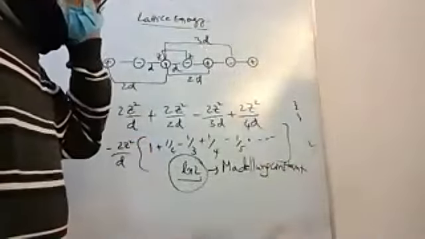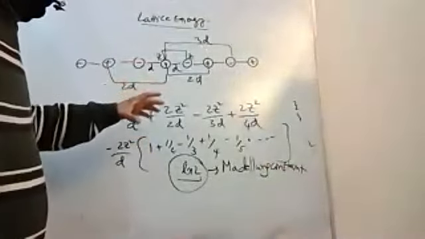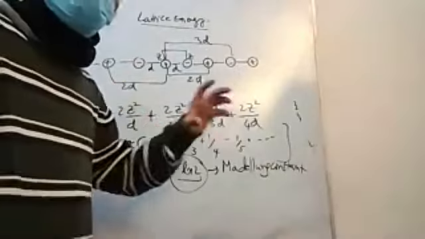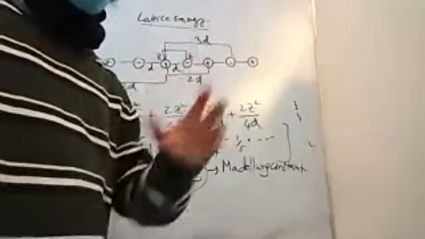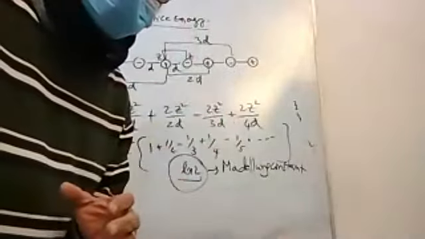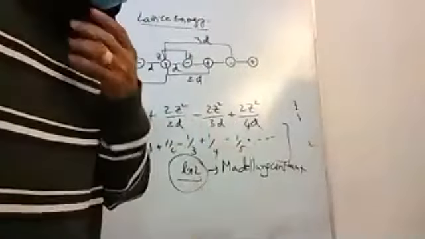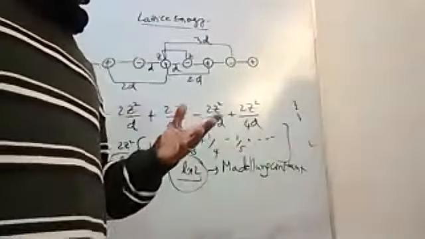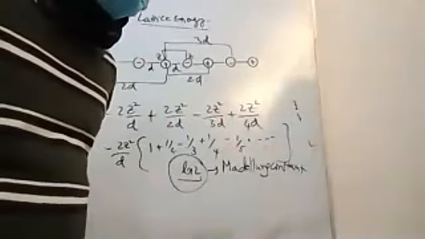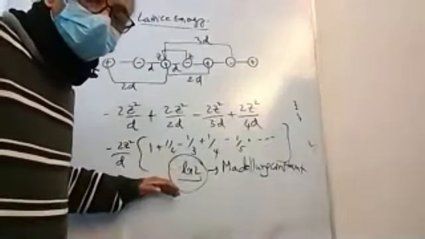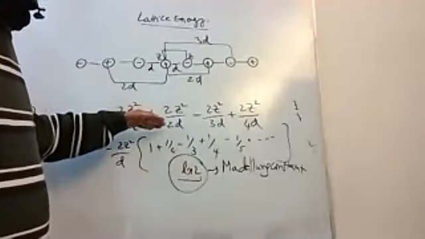So people use the Madelung constants for different lattices to theoretically calculate the lattice energies, where there is no other information available, like the Born-Haber cycle. If you don't have all the values, at least you can use Madelung constants and theoretically derive what the lattice energy is.